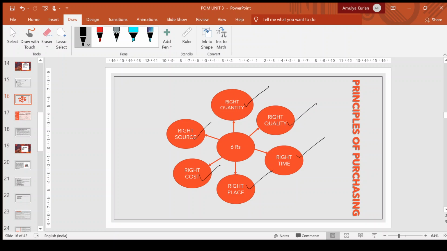If they are buying for Goa and Kerala from Chennai, it is called centralized purchasing. If individually in the 3 different production units of MRF, the materials are being collected by the purchasing department of that particular unit, it is called decentralized purchasing.